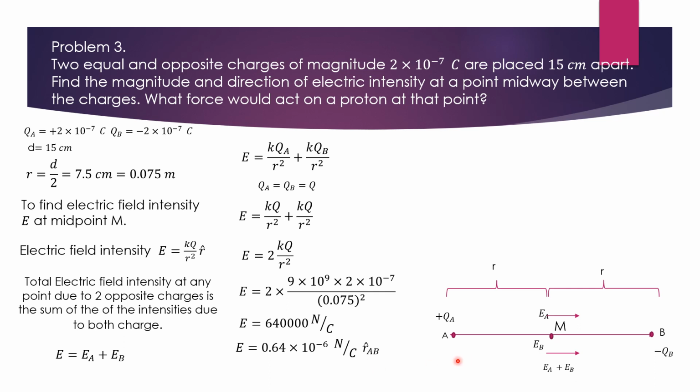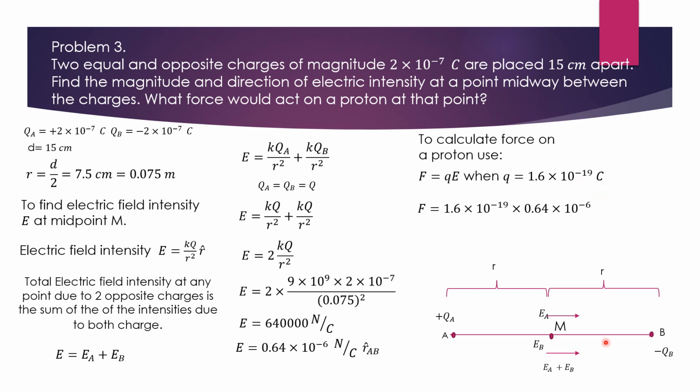Direction is from A to B. Now to calculate the force on a proton at this point, midpoint, F is equal to QE, where Q is equal to 1.6 into 10 power minus 19 coulomb. Since electric field intensity is 0.64 into 10 power minus 6, we multiply it with the charge on the proton, that is Q, 1.6 into 10 power minus 19, and that results in 1.024 into 10 power minus 13 Newton.